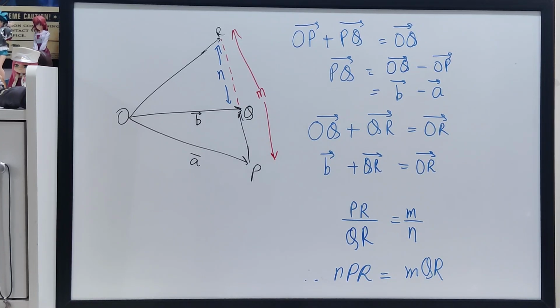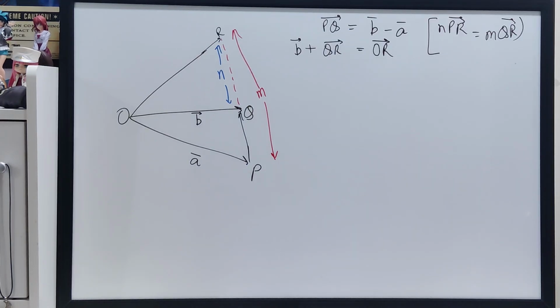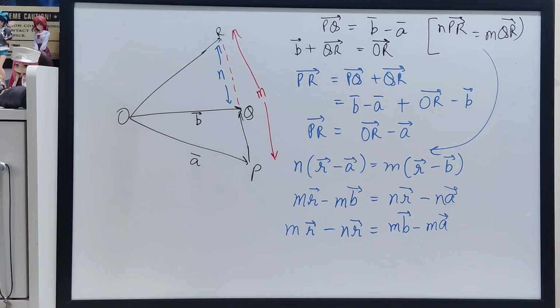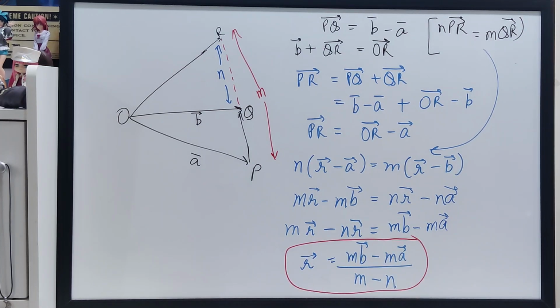So n PR is equal to m QR. Now PR is equal to PQ plus QR. So write the value of PQ, which is B minus A, and QR is OR minus B. So that comes out to be PR is equal to OR minus A. Now we have R is equal to (mB minus nA) by (m minus n).